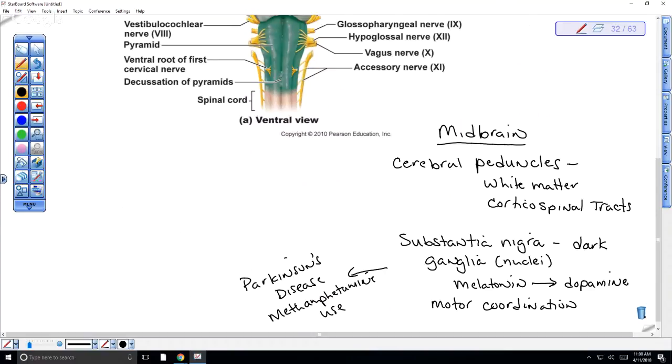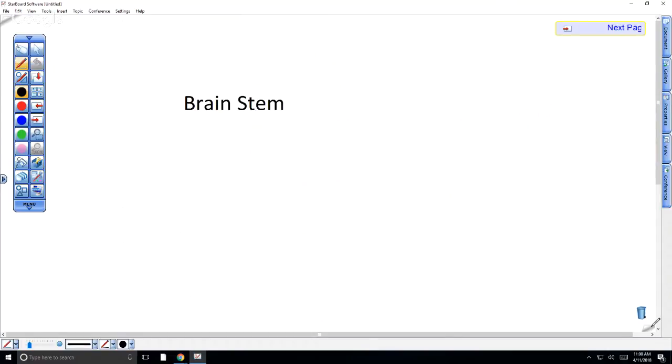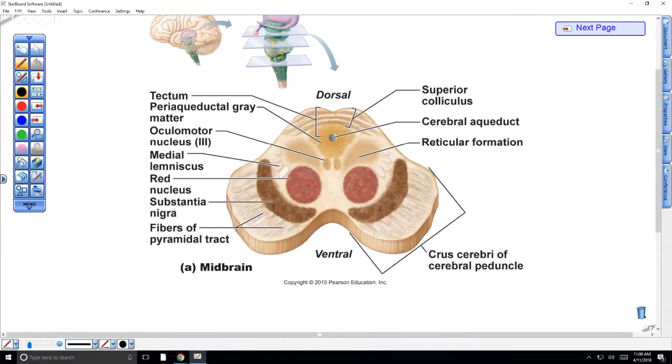Okay, so let's look at where the substantia nigra is located. If we look at a cross section, the dark part is the substantia nigra right here. And notice that it is located close to the pyramidal tracts.